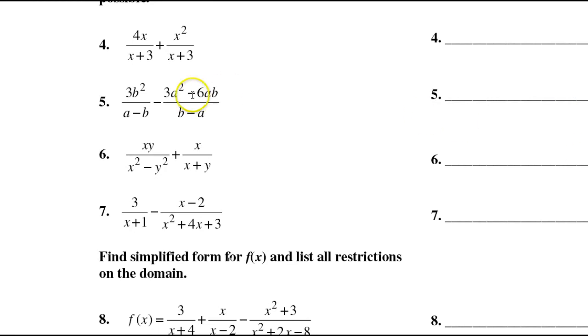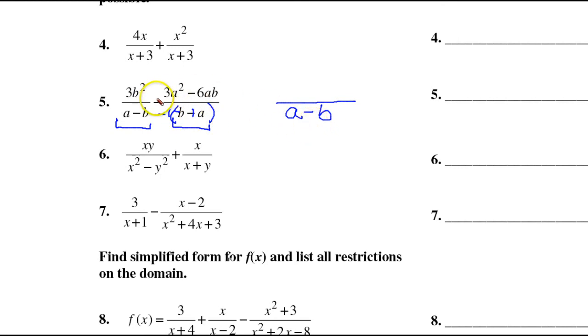Now in number 5, here we see this denominator and this denominator are similar but have opposite signs. So how would you get a common denominator out of that? Let's say it's going to be a minus b. Well, in this term, if we factor out a -1, this then becomes a negative and this becomes a positive, and I can switch them around into this order.